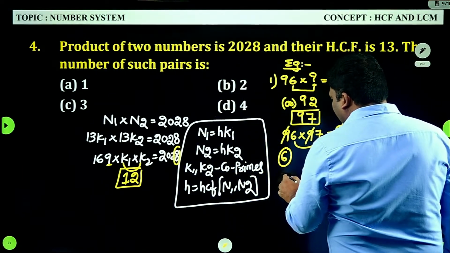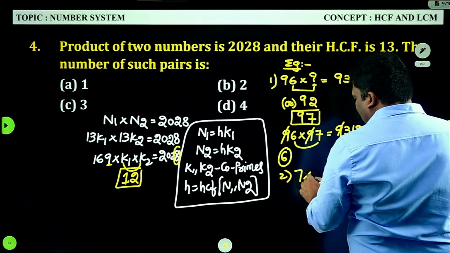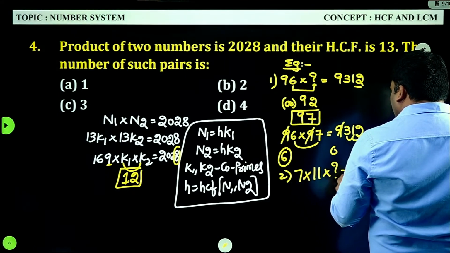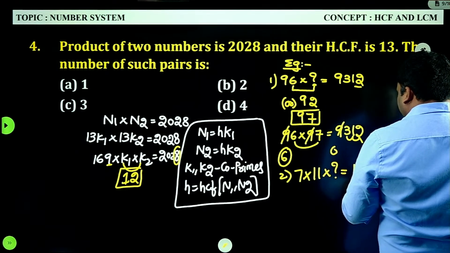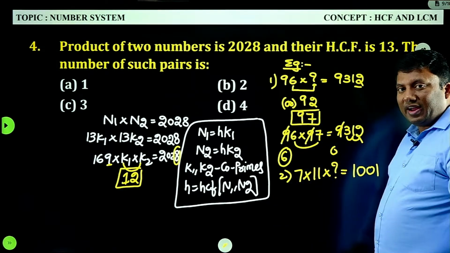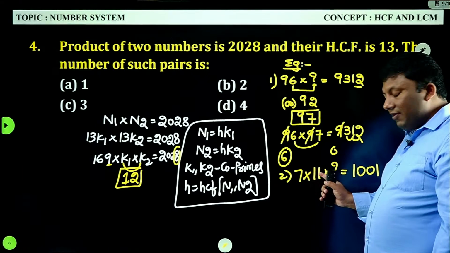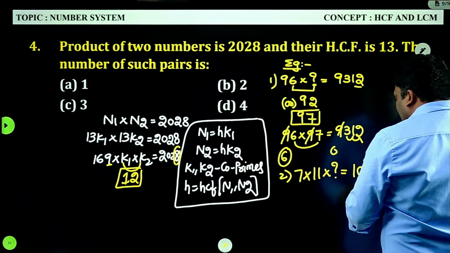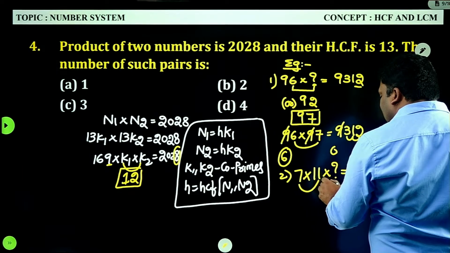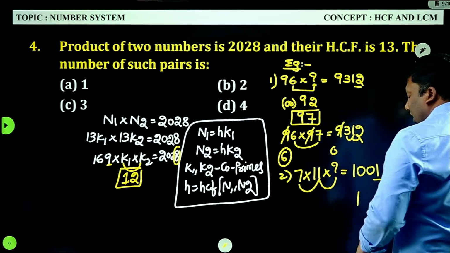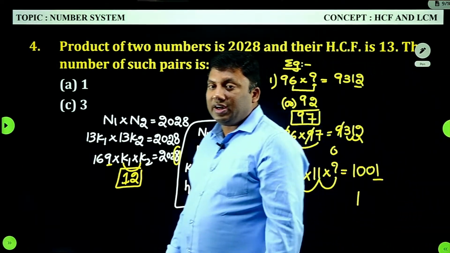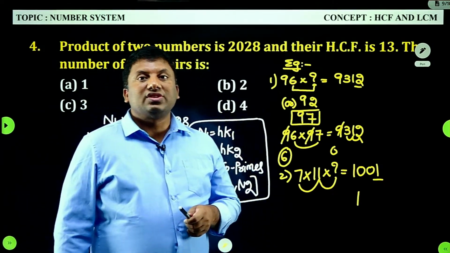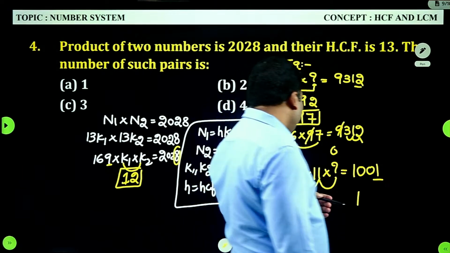Suppose 7 into 11 into question mark is 1001. Please don't divide, sir. The unit digit is 1. 7 ones are 7. 7 multiplied by which number will give unit digit 1? 7 ones are 7, 7 twos are 14, 7 threes are 21.